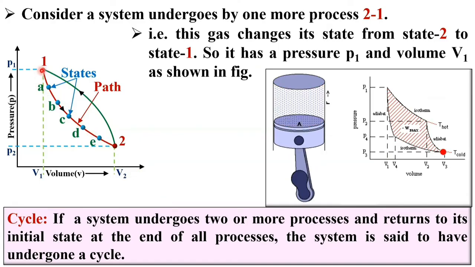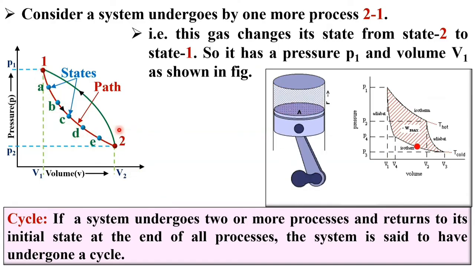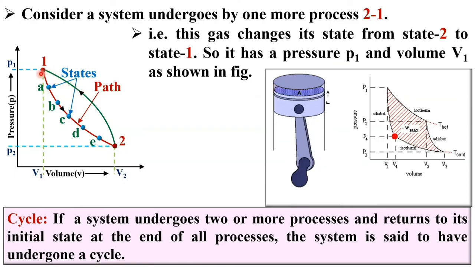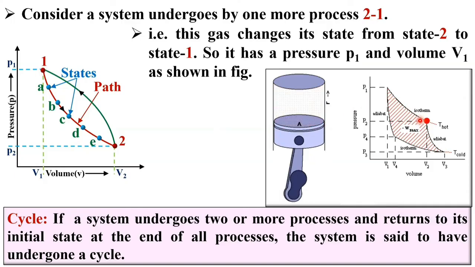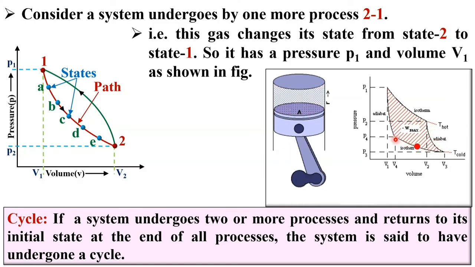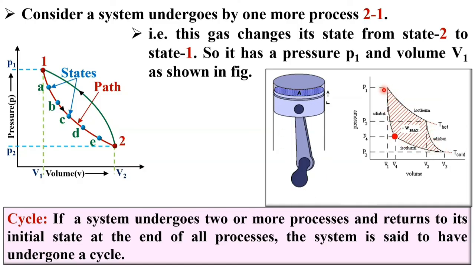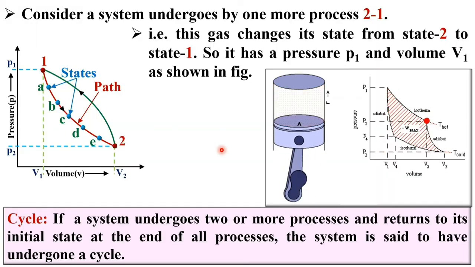In this figure, this is the initial state, and after all the processes, once again it gains its original state. Similarly here, if we say this is the initial state, then after the end of all processes, it returns to its original initial state. Then it is called a cycle.